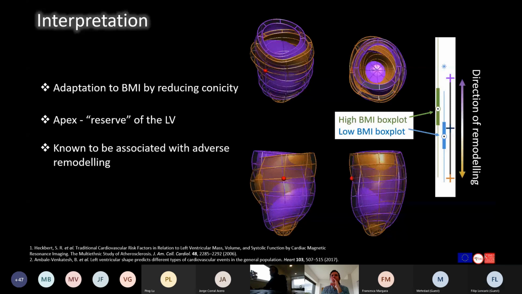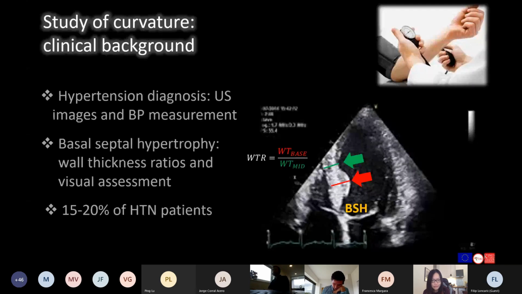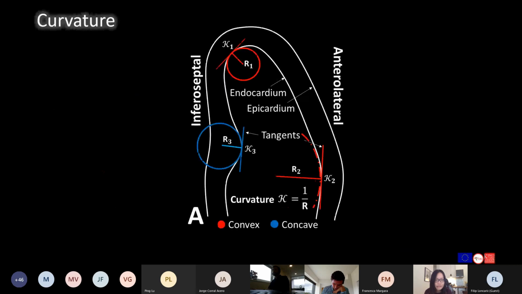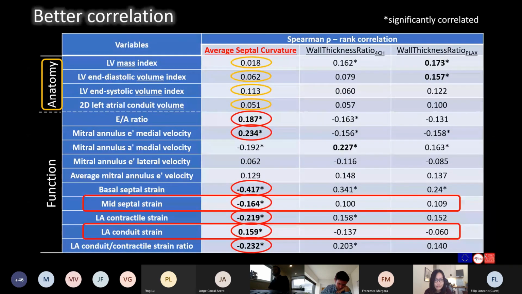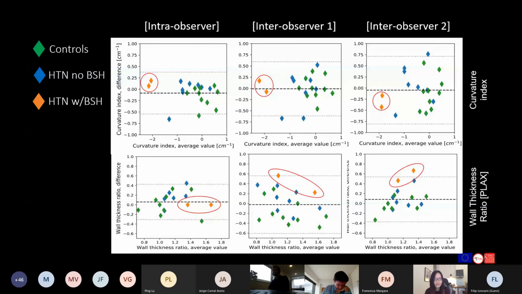Hey, Maciej. Maybe I have missed your explanation, but could you go back to the second project, the 2D plots? Next slide, please. Yes, this one.